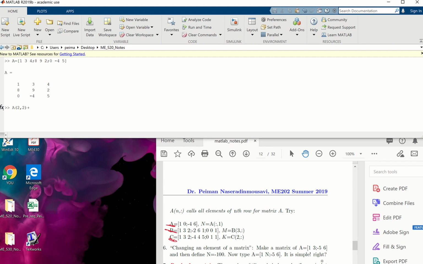I'm going to say A22 is equal to A22 plus, I don't know, minus 9. If I do this, look at here what happens. This 9 goes to 0.